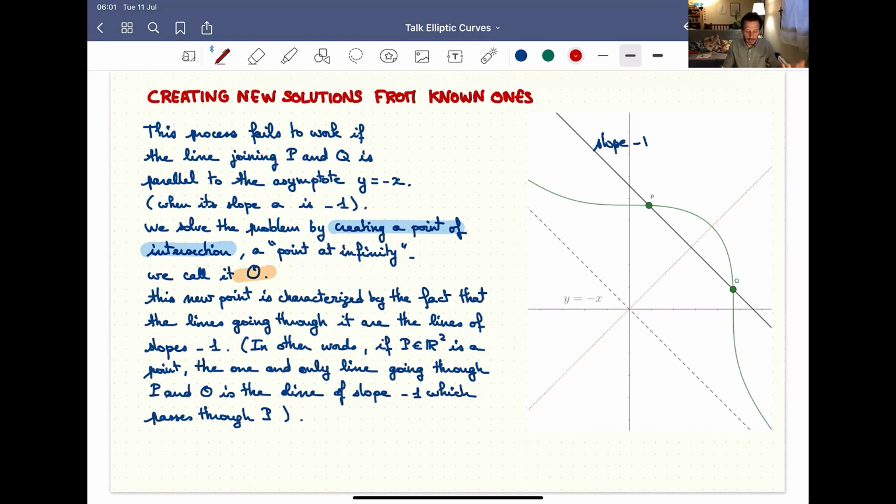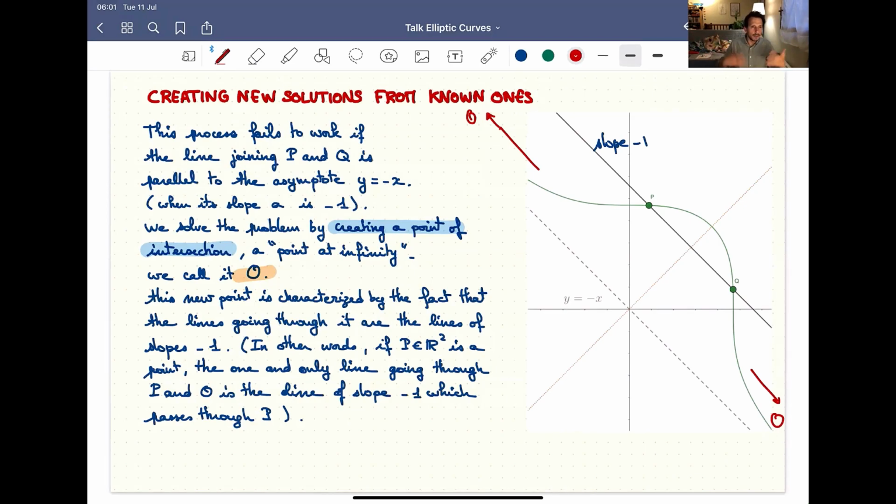It's a point that lives, if you will, at infinity in the northwest direction, and also somewhere southeast, right? It behaves in a bit of a weird way, but you can think of it as an extra point which is not exactly on the picture.